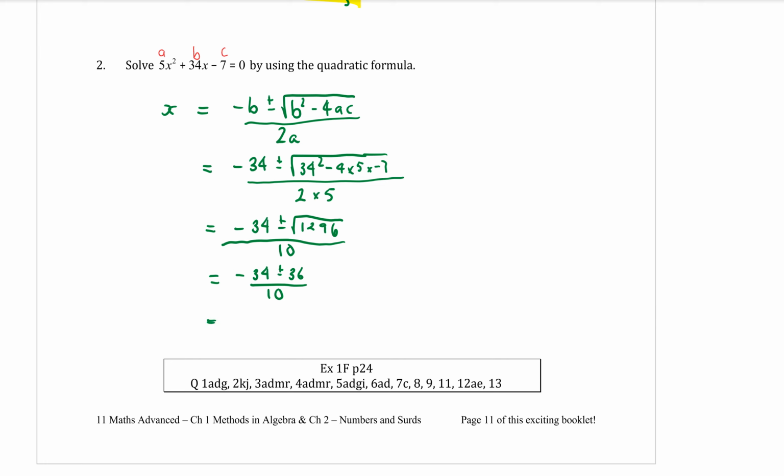So that's 2 over 10, which simplifies to 1/5. Calculators will do it all for you. Then you want to do the second one, minus 34 minus 36 over 10. You can just use the back arrow, change the plus to a minus sign. And that comes out as minus 7.